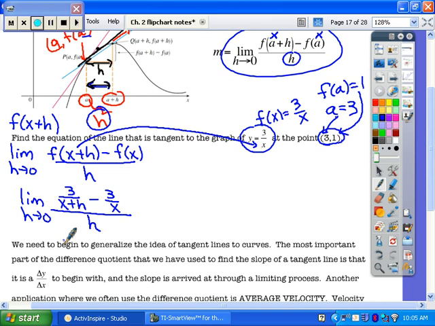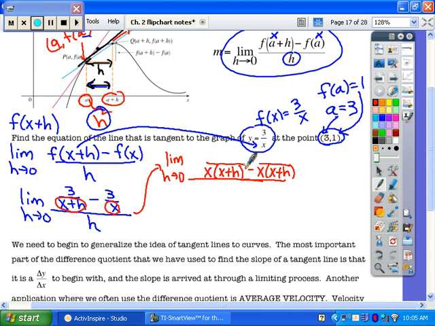So when we do this, we need to get common denominators up on the top. What do I do to get a common denominator between x plus h and x? I multiply the two together. So I'm going to get x times x plus h. That's my common denominator.